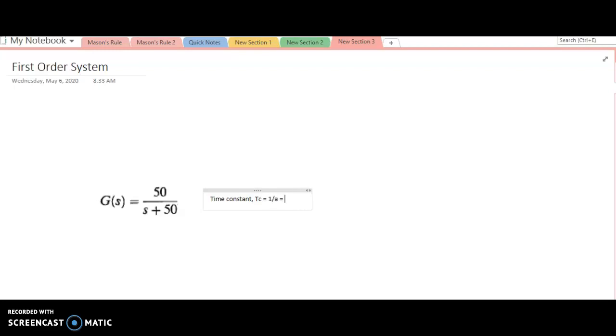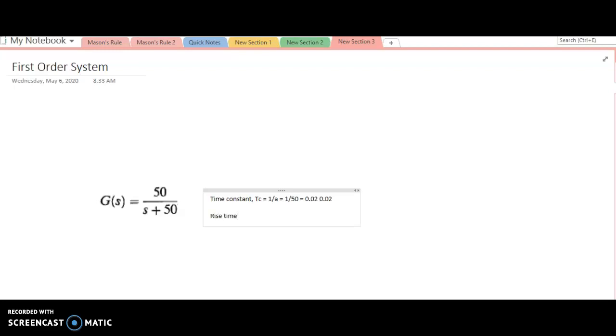So from here you can find that A equal 50. So 1 divided by 50, you get 0.02. Okay, that is the time constant. Second one is the rise time.